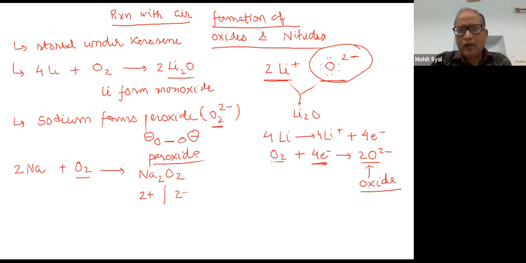This is a very important thing. What is superoxide? Oxide is 1 oxygen atom with -2 charge.